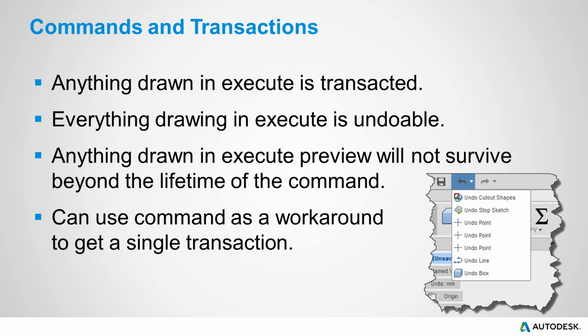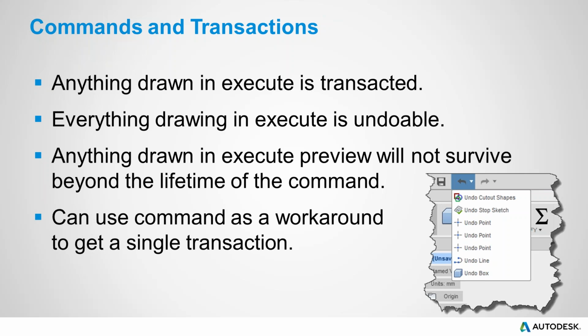Just something to be aware of. If you want to look at that preview stuff, you really can't, other than just look at it. You can't have it survive beyond the command to do measures or something like that. But the stuff that's created in execute does live beyond, and it's all encapsulated in a single transaction.